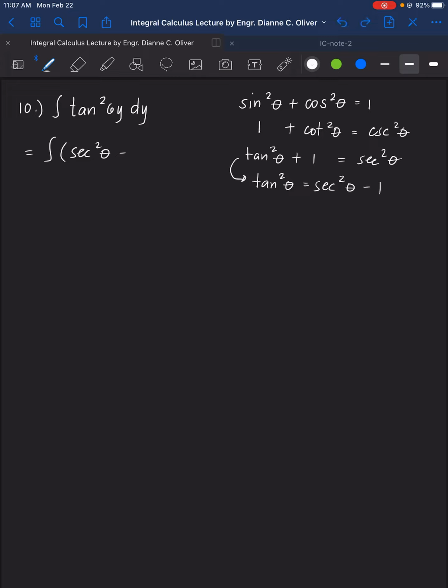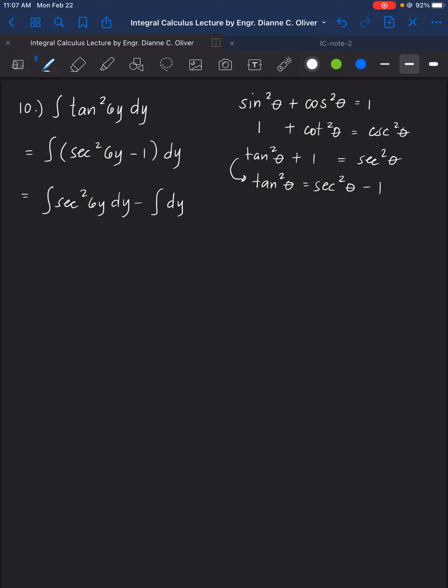But since the angle here is 6y, we will put secant squared 6y minus 1 dy. Distribute. So we have the integral of secant squared 6y dy minus the integral of dy.